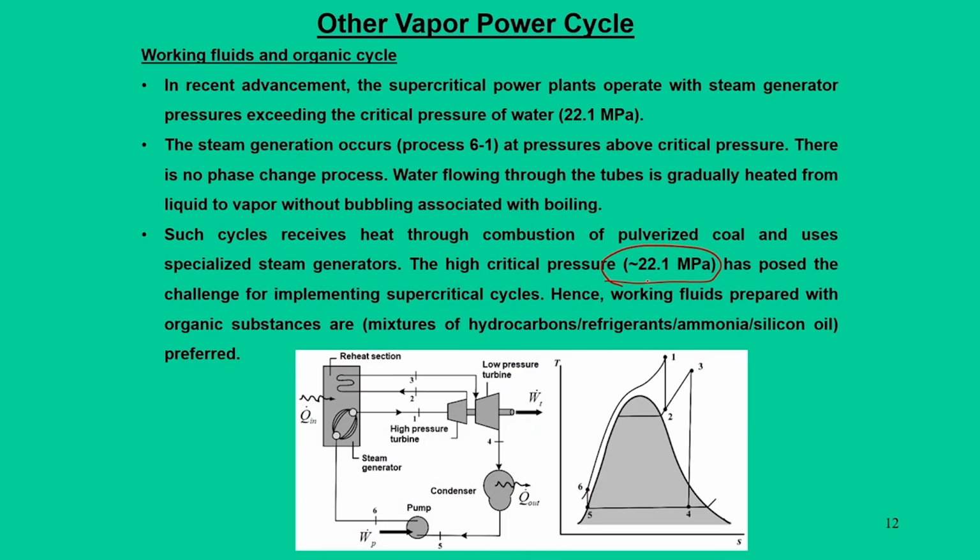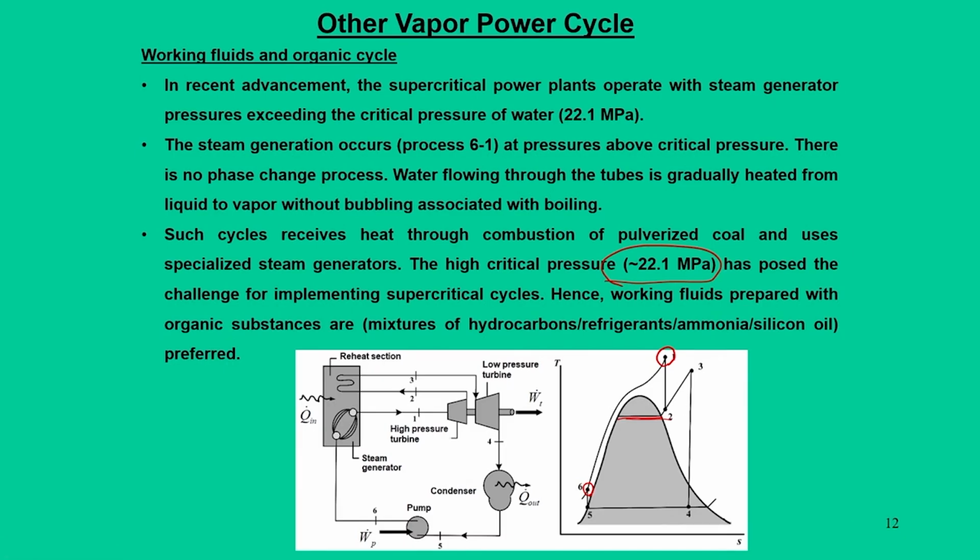But there is a restriction that we cannot achieve this with conventional materials. So, for that reason, if you want to go from liquid to steam directly without crossing this liquid vapor region, then we have to think of a cycle which is operated as a supercritical cycle.